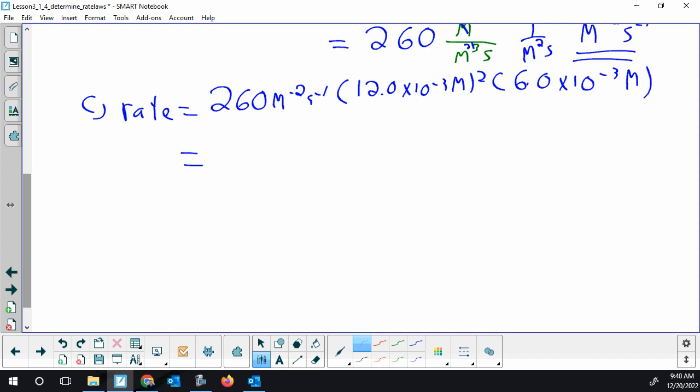Number-wise, I get 2.2 times 10 to the minus 4. We've got 2 moles per liter and a third mole per liter on the top.